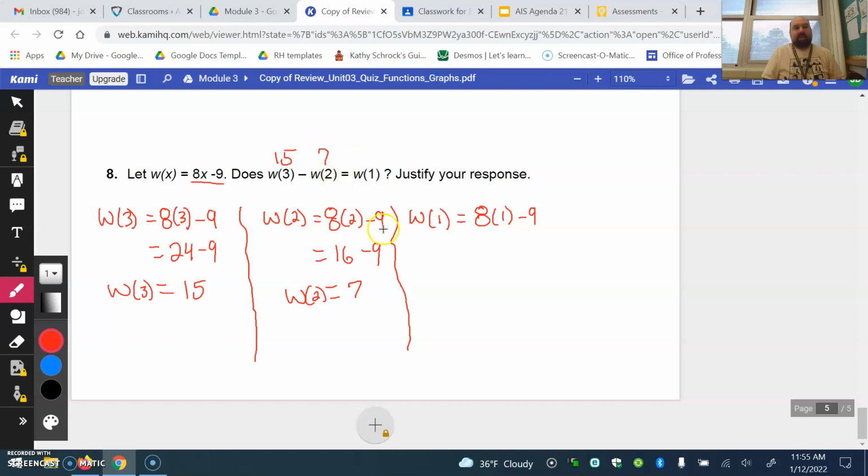I'll put that above this over here. Right away, 15 minus 7 is 8, right? So let's see what happens when I do w of 1: 8 minus 9 equals -1. Wait a second, that's not right. 15 minus 7 is not -1.